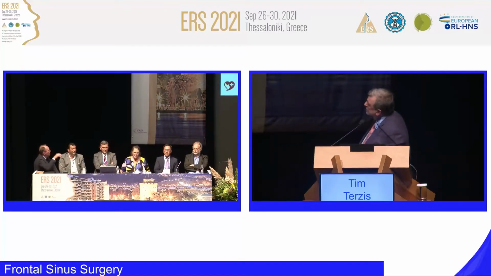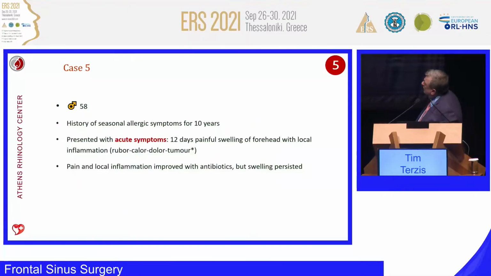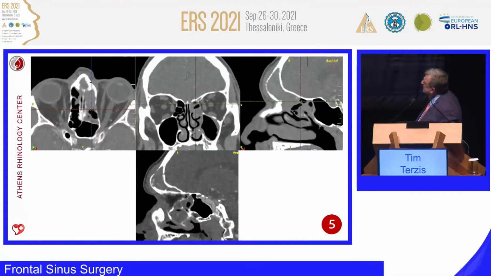Right, similar case of mine, 58-year-old man, again with some history of rhinitis. The difference here is that the patient presented with acute symptoms, meaning 12 days of painful swelling with local inflammation signs. And pain and local inflammation improved with antibiotics, but swelling persisted.